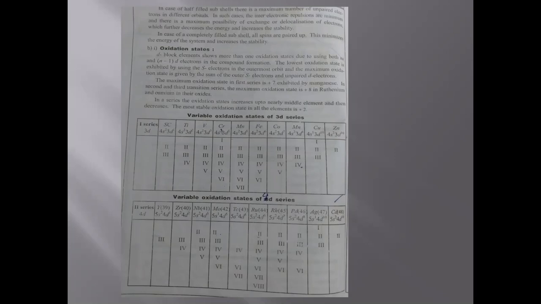If you take 4D series, the maximum oxidation state is exhibited by ruthenium. The atomic number of ruthenium is 44, and the maximum oxidation state exhibited is +8.